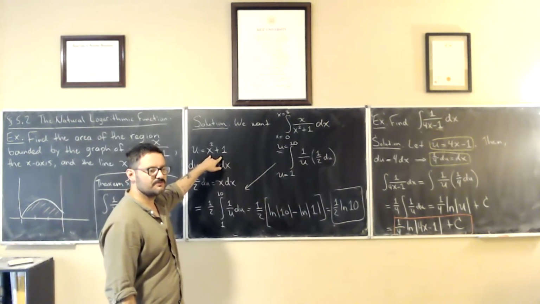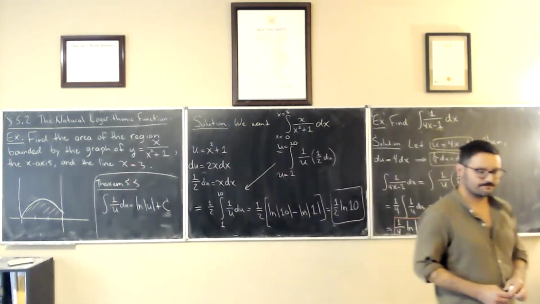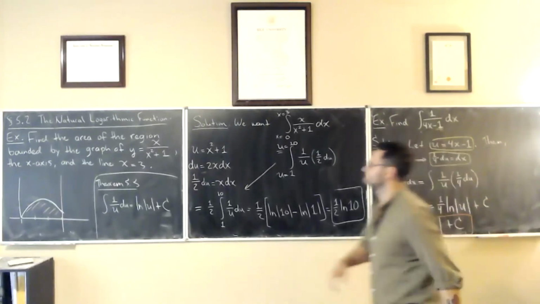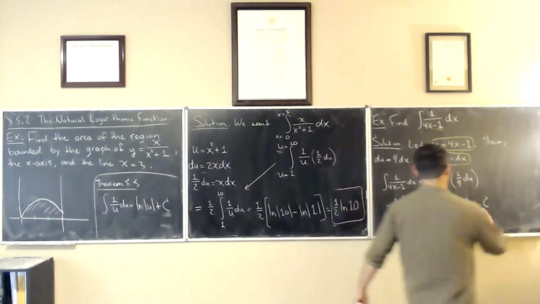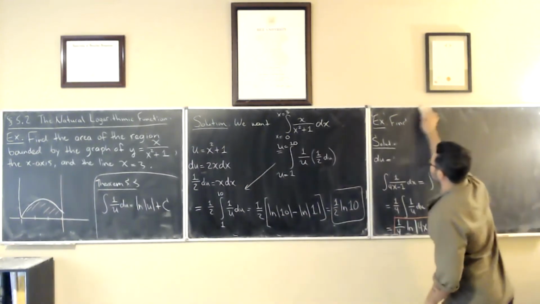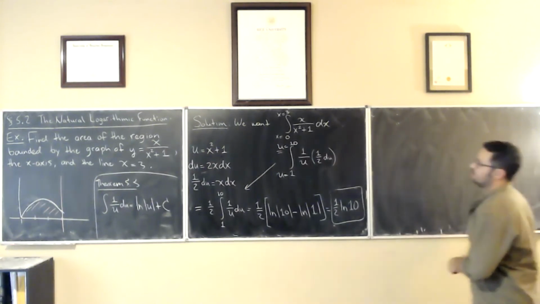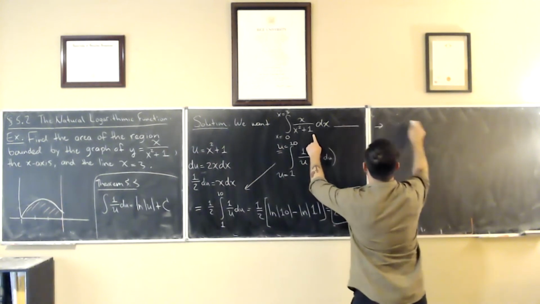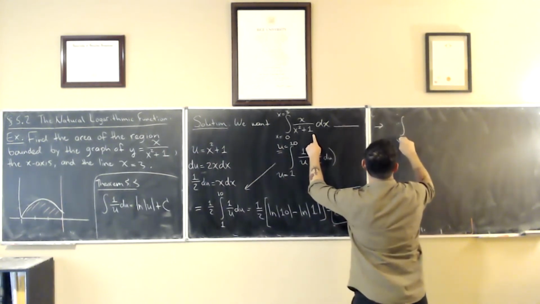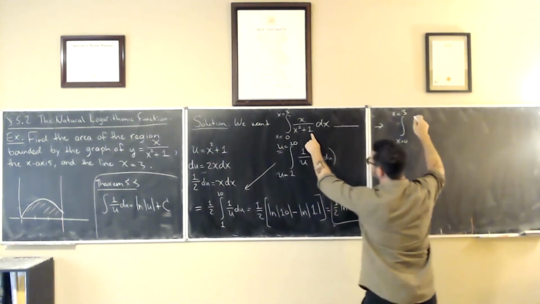Do you see how it would be the same? I'll write it really fast just so you can see that there's two different ways to do this. So, x equals 0, x equals 3.